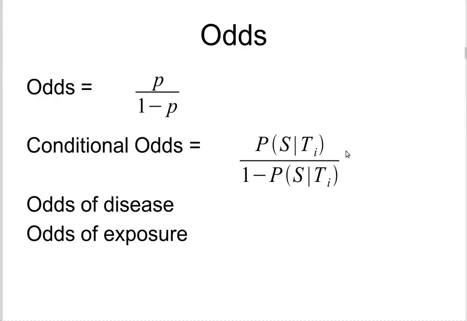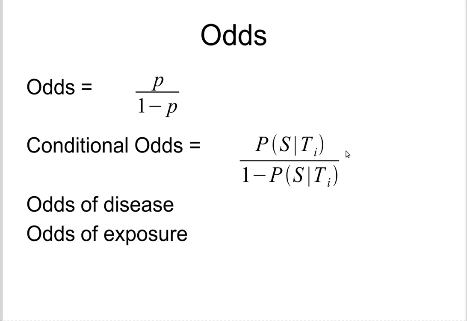Because we now come to our next issue, and that is odds, which I hope you've all had some exposure to in your previous courses or your previous study of probability and statistics. Inevitably then, an odds is a ratio of a probability divided by 1 minus the probability.